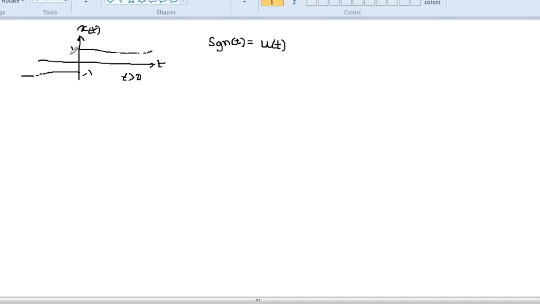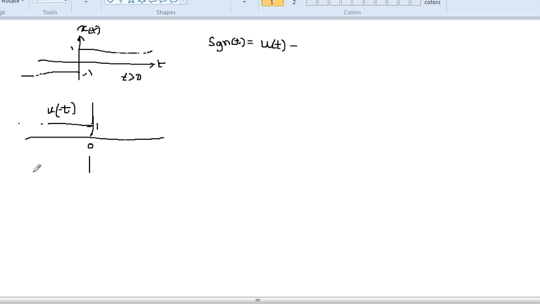Then to write the equation for this part, it is minus and it is running in the reverse direction. If I ask you to draw the u of minus t signal, you will draw it in this way. For this part I can write u of minus t, but it will be lying above 0, and it should lie below 0.